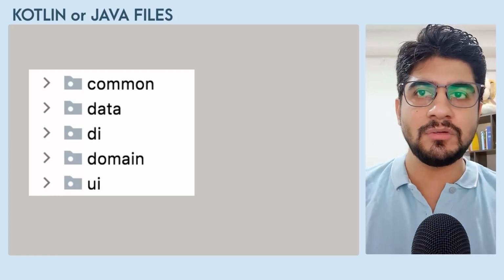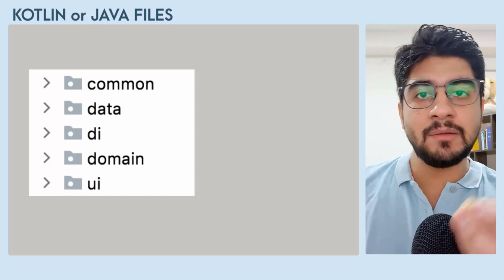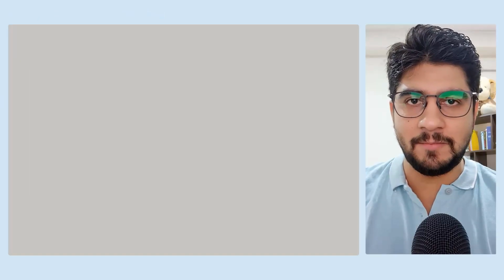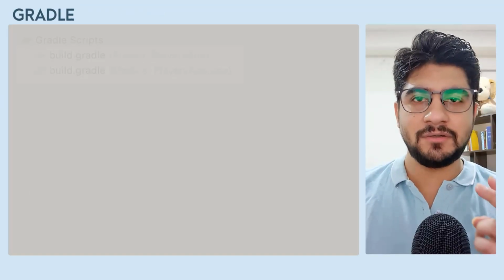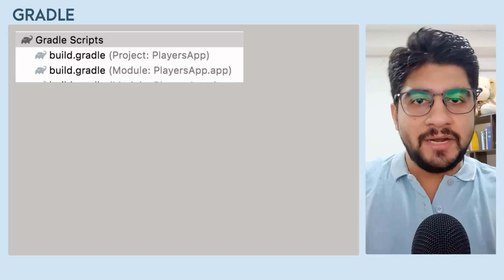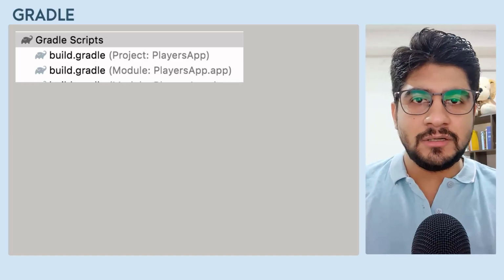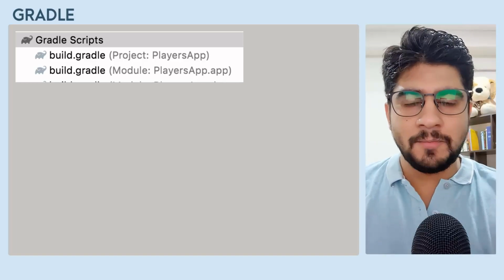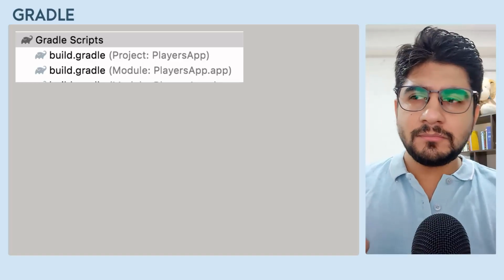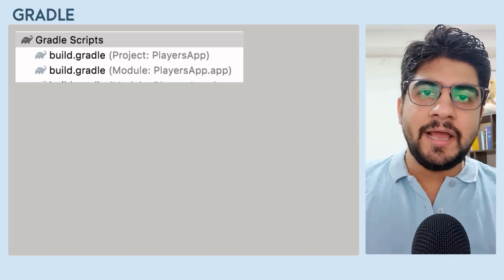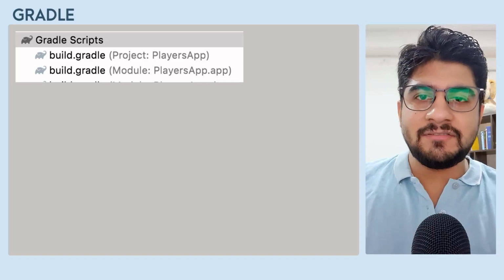Now is the time to check the last thing and the most important thing, which is the Gradle file. Every project has 2 Gradle files, because by default in an Android project you have an app module, which is used for mobile applications, and there is a project Gradle file as well.